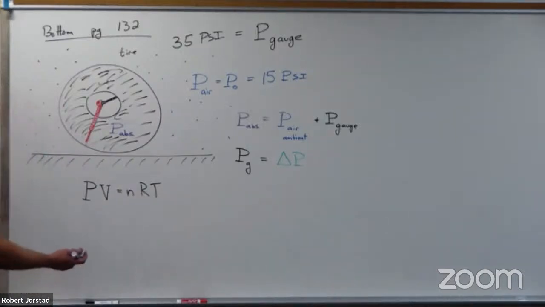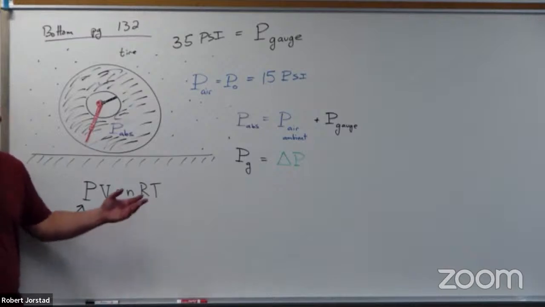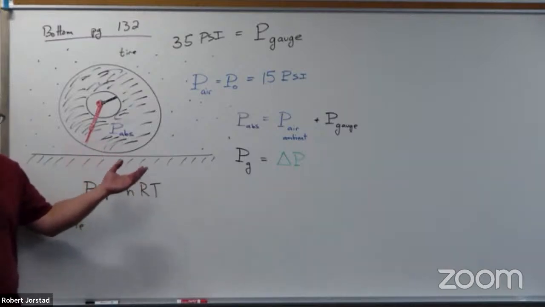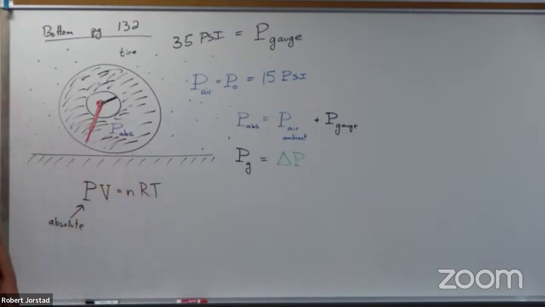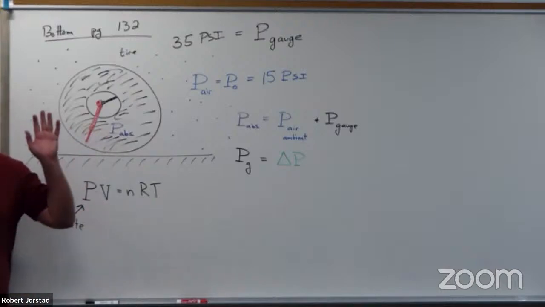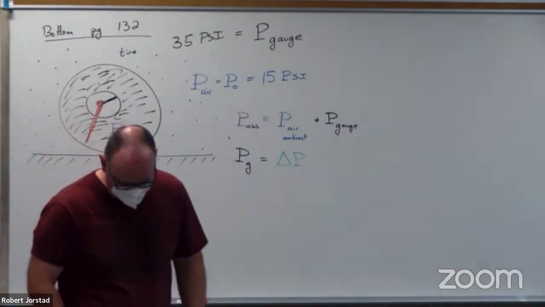But the other one is I'm going to say, this is not the gauge pressure, use absolute pressure. So in the physics equation, PV equals nRT for ideal gases, we need to use absolute pressures. Basically, there's going to be a number of equations you see throughout your next physics class or physics 162, maybe in your chemistry class. And it's important to know that there's a difference between what a gauge reads and the actual pressure or absolute pressure. Cool? It's just a weird fact. Enough, moving on. All right.